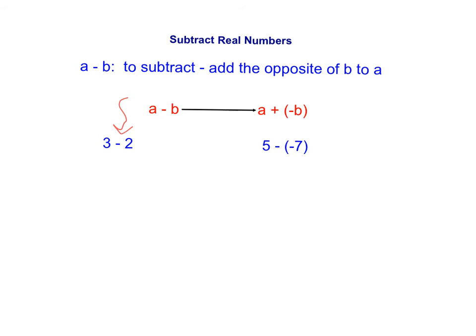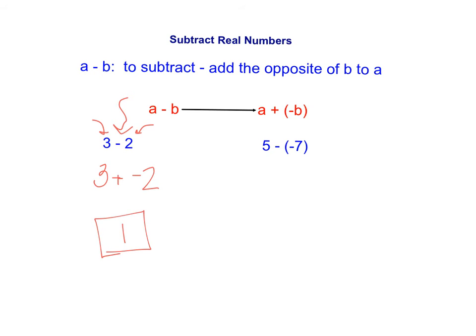Really what subtraction is, is adding the opposite of 2 to 3. So really this can be rewritten as 3 plus a -2. We're adding the opposite of 2. That's what subtraction is telling us. So this subtraction problem can be rewritten as 3 plus a -2, which would then equal 1.